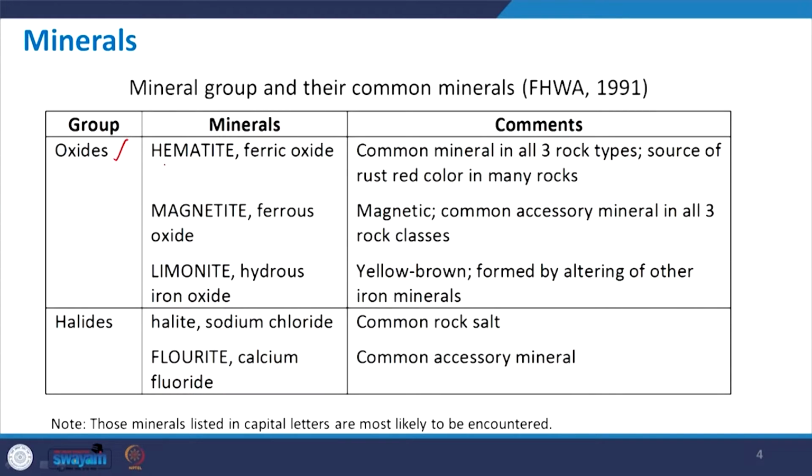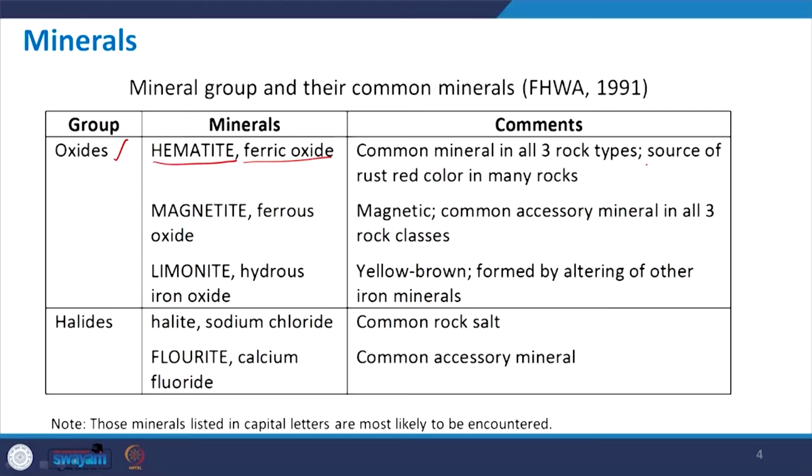Here the most commonly occurring mineral is hematite, ferric oxide. This is a common mineral in all the 3 rock types. Rocks which show a rust red color give the idea that this mineral is present in that rock.